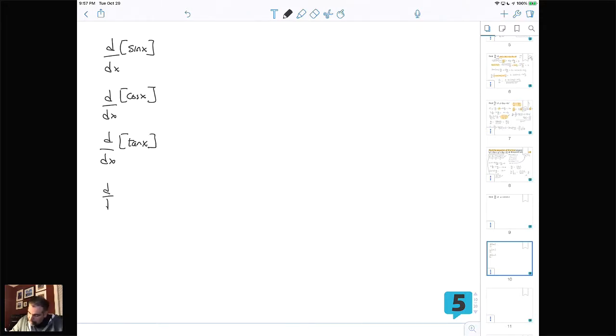So derivative of the 6 trigonometric functions is what I'm writing down right now. Derivative of cosecant and the derivative of cotangent. Okay, so these are the 6 trig derivatives, all right?